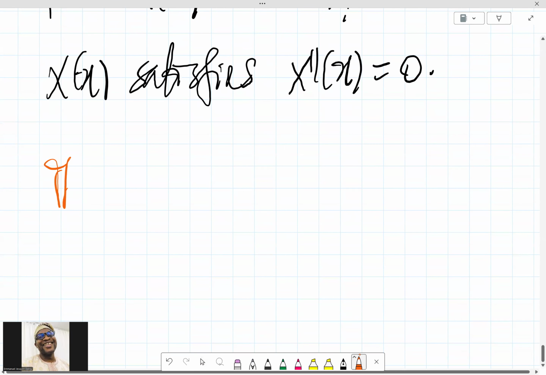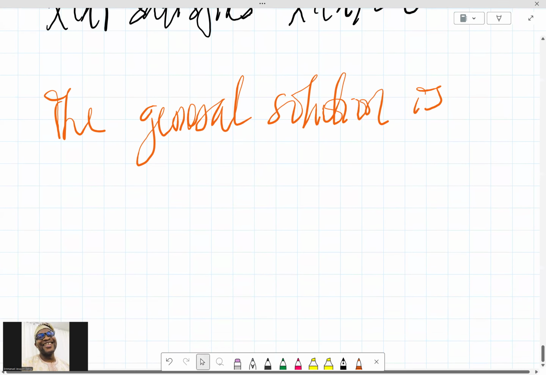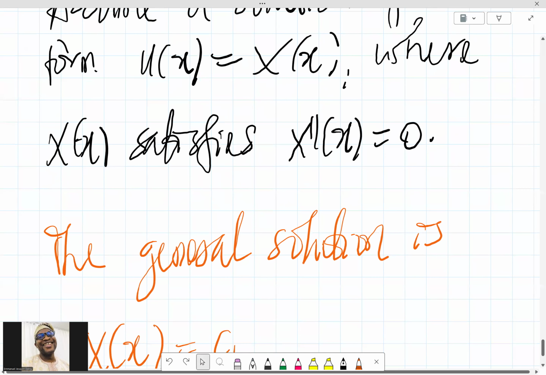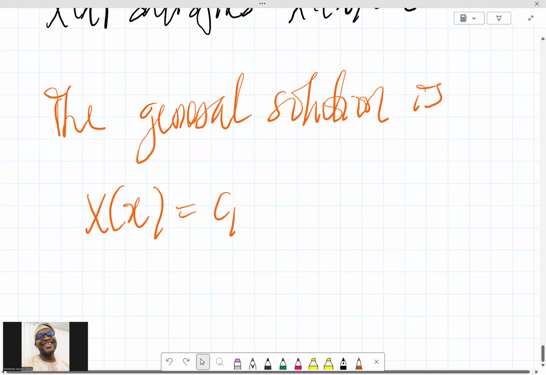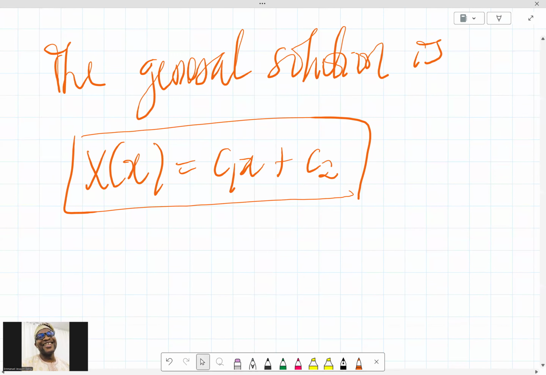So the general solution is X of x equals c1 x plus c2. It simply means that the second derivative being zero gives a linear function: we need two constants, so we have c1 multiplied by x plus c2. That is the general solution for a one-dimensional rod.